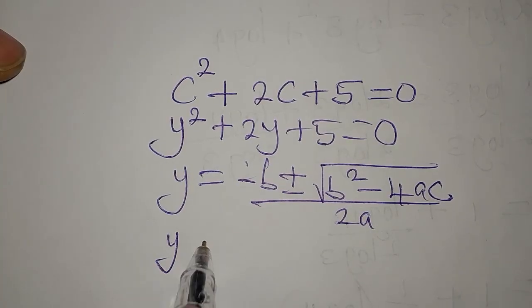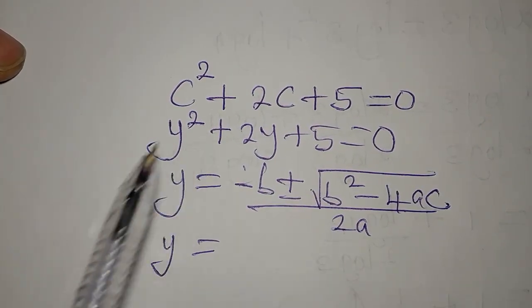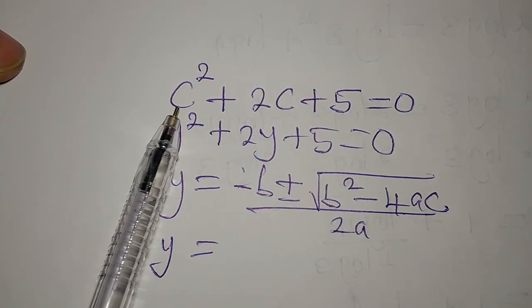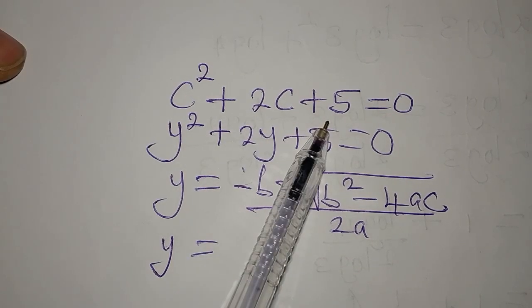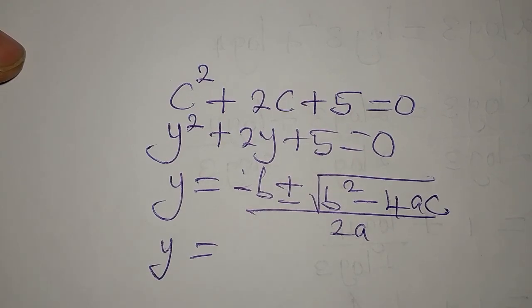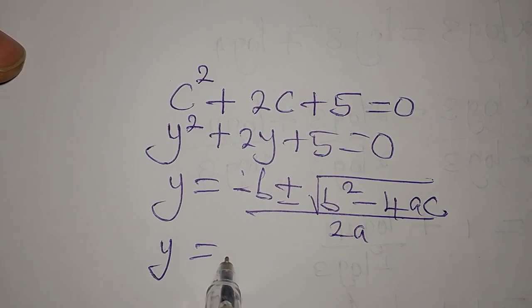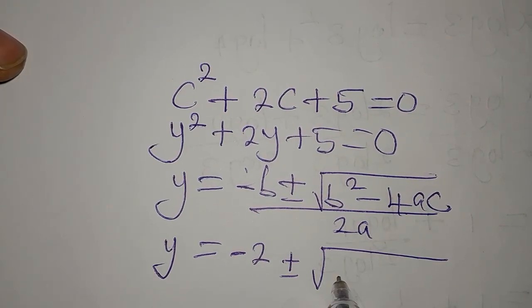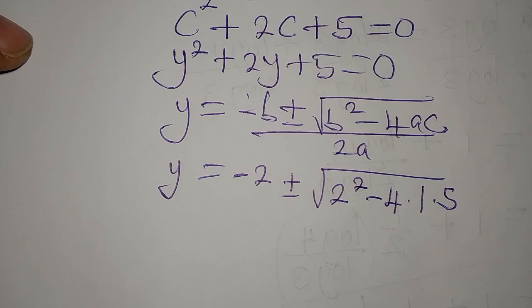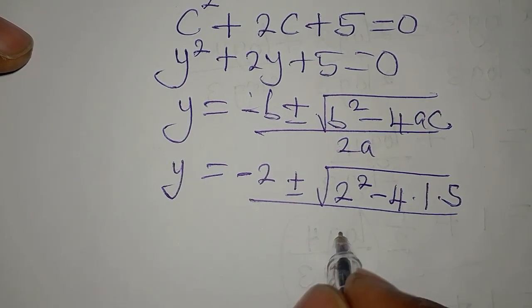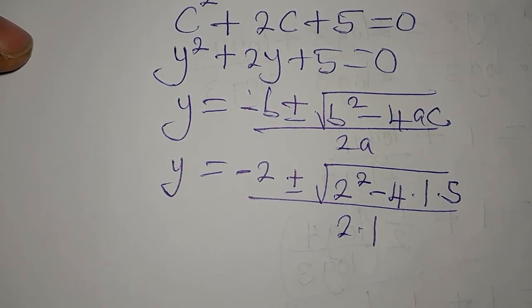So y now will be, okay, our a is 1, the coefficient of y squared, our b is 2, and c is 5. So in place of minus b, we write minus 2. Plus or minus square root of b squared, that will be 2 squared, minus 4 times 1 times 5. Because a is 1 and c is 5, divide by 2 times a, which is 1.